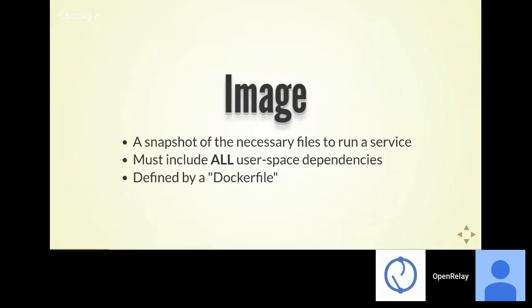Finally, images are defined by a Docker file. So that's just a single file that you can keep with your code that describes exactly how this service is meant to be built. One of the really neat things about Docker is that Docker file doesn't really care what's underneath it. You can package a Java application, a Node application, a Go application. You can use Maven for dependency resolution, NPM for dependency resolution.